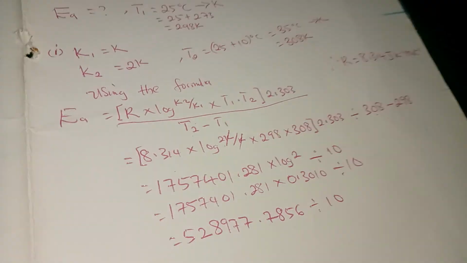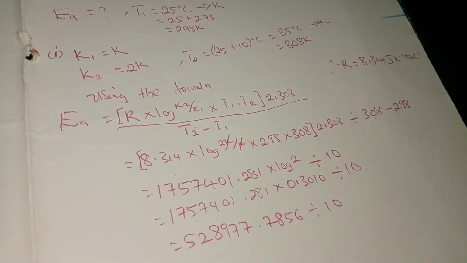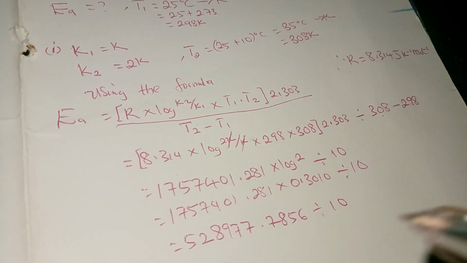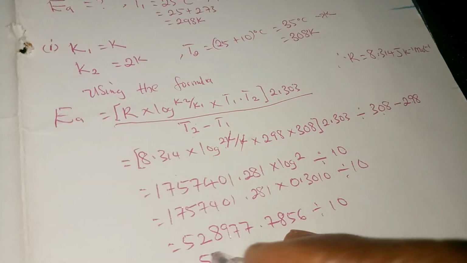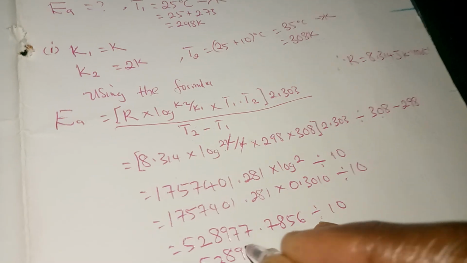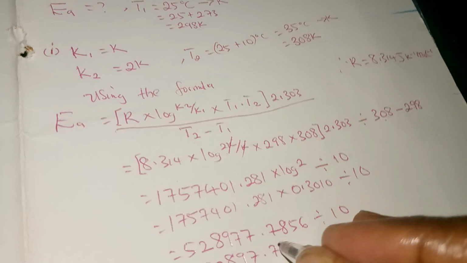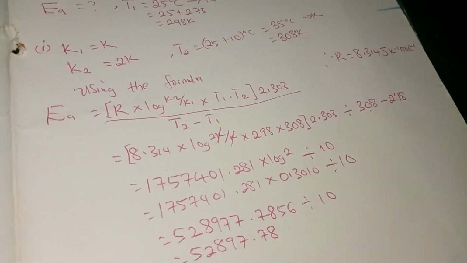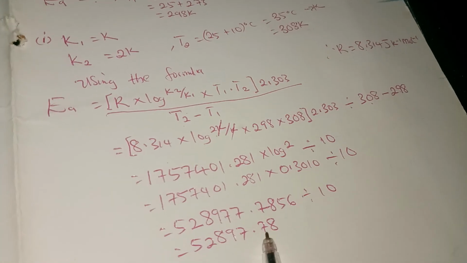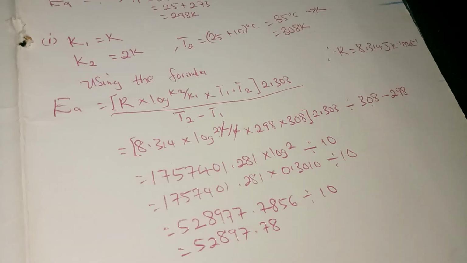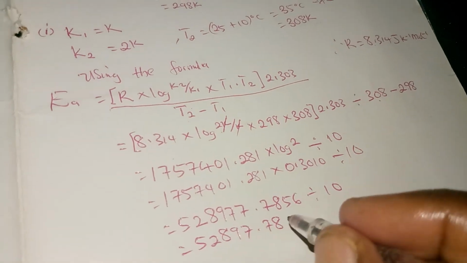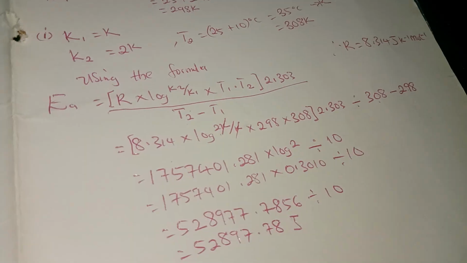So now if you divide this by 10, what you are going to have is nothing but 52,897.78. Divide this with your calculator, you are going to have this. So once you have this answer, this is the answer in joule.